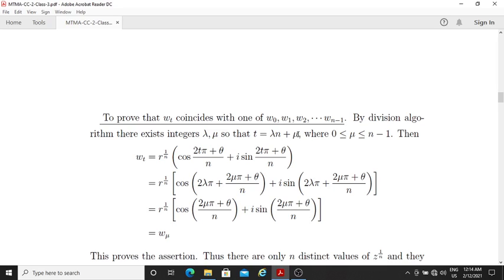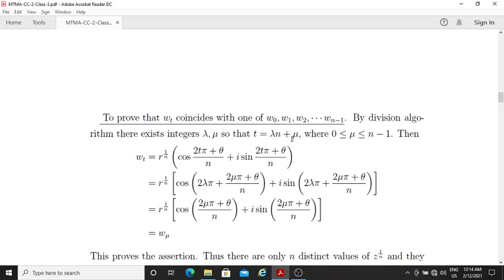Either it will be 0 or there will be something which will be less than n. So if you divide t by n, you will get a quotient here and some remainder here. So t can be written as lambda into n plus some remainder. This form of writing is called the division algorithm. You will learn it in detail anyway.